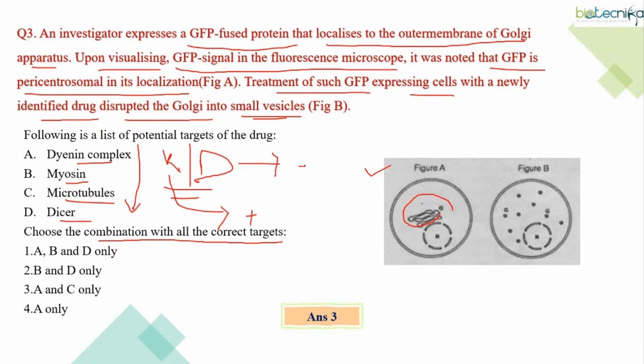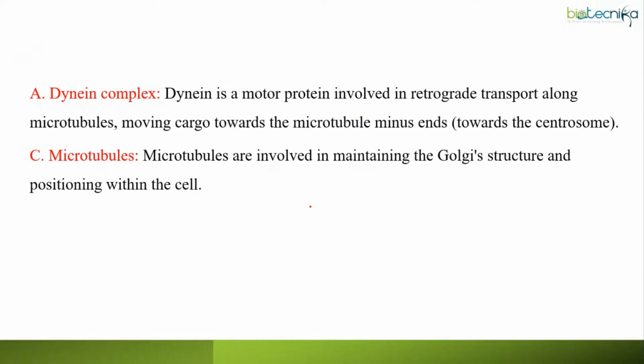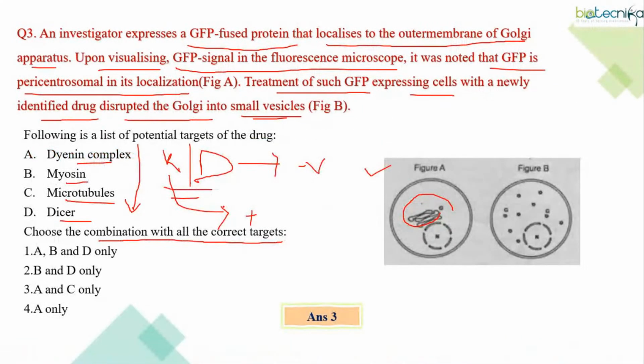Dynein will be a negative end directed motor protein. Kinesin, remember, always is positive. Dynein will be taking the cargo towards the minus end. So dynein will be negative, kinesin will be positive.